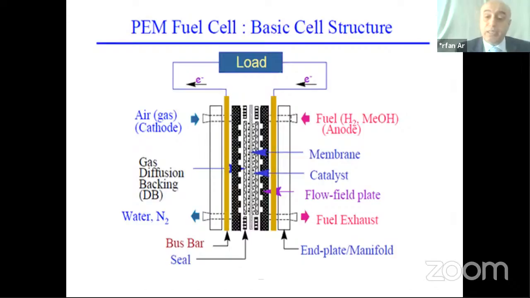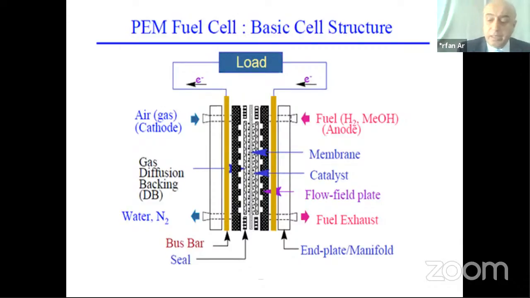Of course, we need a catalyst because the PEM fuel cell operates around 80 degrees Celsius. At these very low temperatures, in order to extract the electrons of the hydrogen, we need a highly effective catalyst, for example, platinum, palladium, or rhodium, etc.